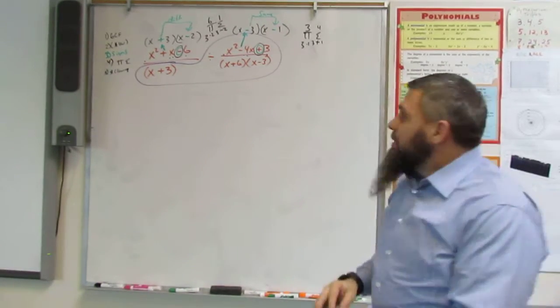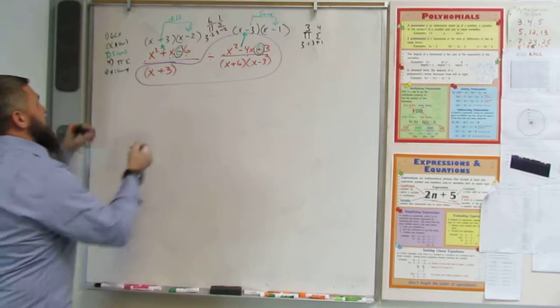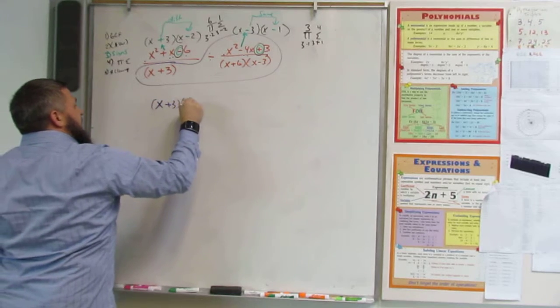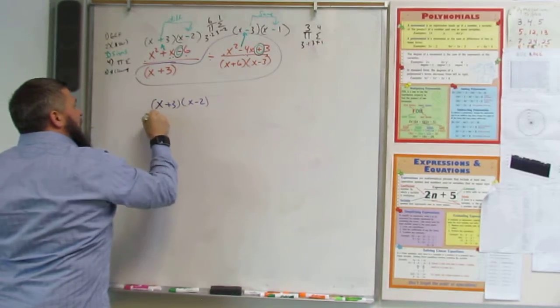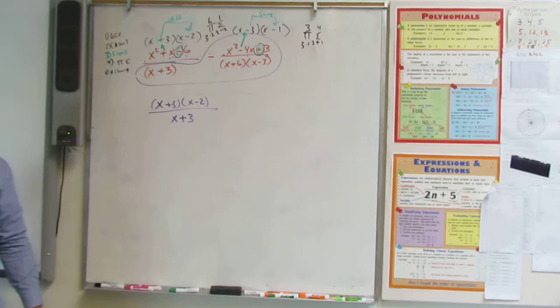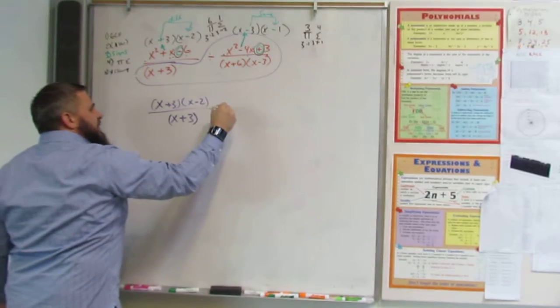Okay. This is the hard part. I'm going to rewrite this. So I got x plus 3 times x minus 2, all over x plus 3. And then instead of writing the divide, I'm going to write times.